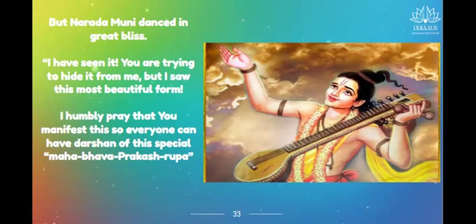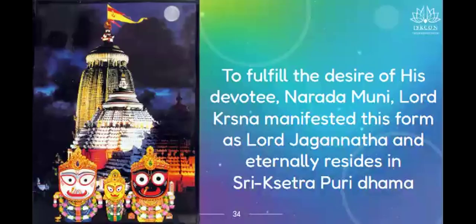Whatever you do, he's going to excuse you. So that is Lord Jagannath, the very, very merciful form of Jagannath, right? So the Lord said yes, and to fulfill the desire of this devotee, Narada Muni, Krishna manifested this form as Lord Jagannath, and he eternally resides in Shri Kshetra Puridham.